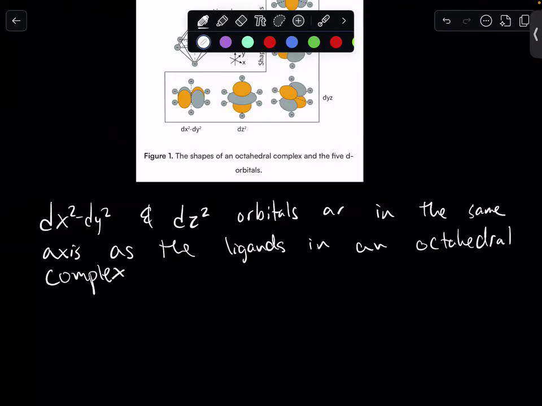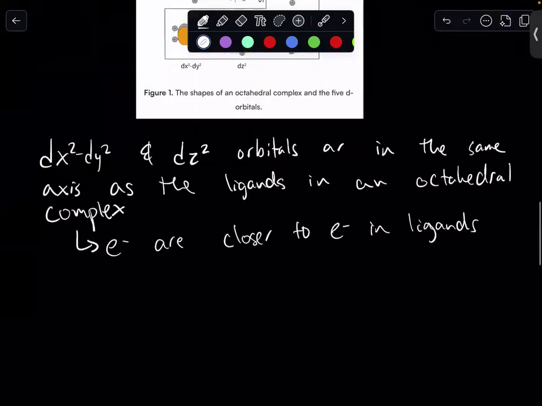So what this means is that these electrons are closer to electrons in ligands. They're quite literally and physically closer to those electrons, and the electrons will repel each other.